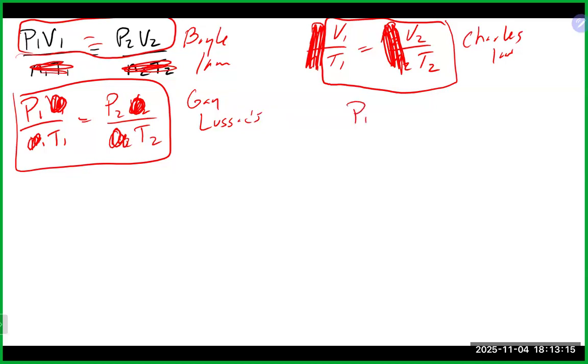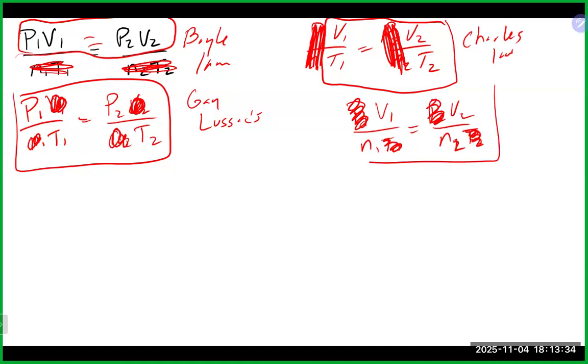Maybe you take the combined gas law and you come across a problem and it tells you that pressure and temperature are held constant. You scratch those out on both sides. And there is Avogadro's law. Right?